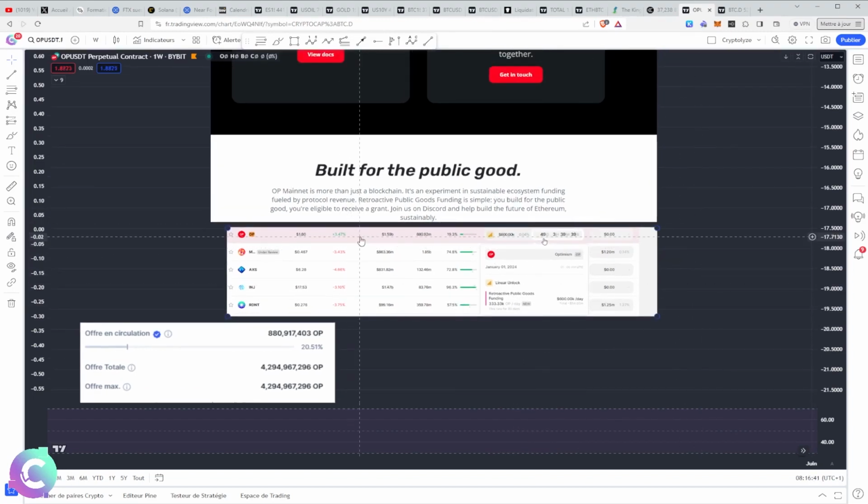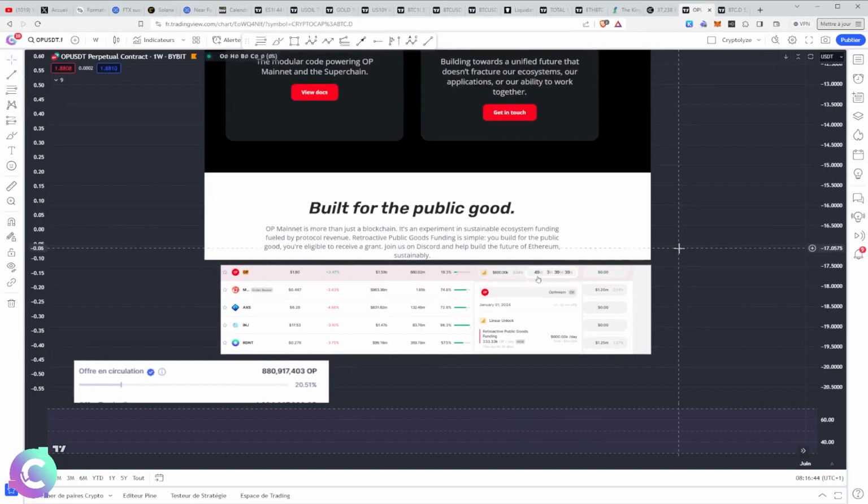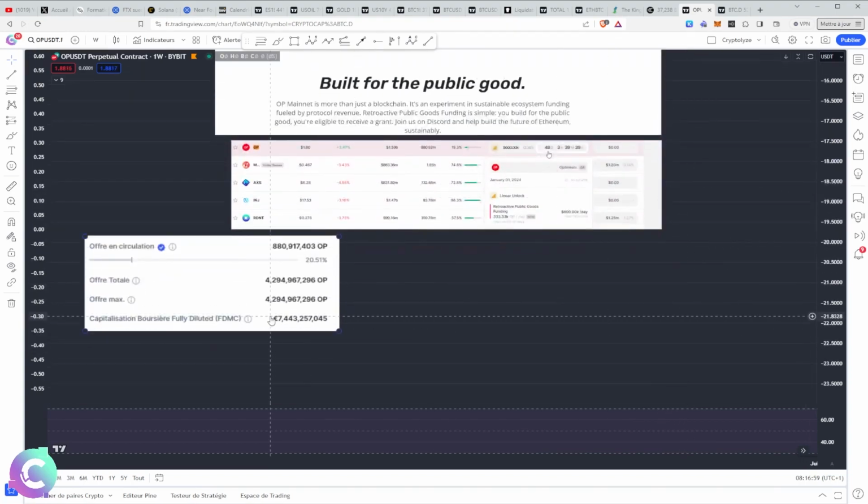So we obviously have a big dilution taking place with the OP, which is rather classic. In any case, the dilution that we see will disappear little by little when we enter the bull run, in which we will have a total absorption of this dilution to achieve additional valuation. So we absolutely have to look at the diluted market cap, which is already $7 billion.